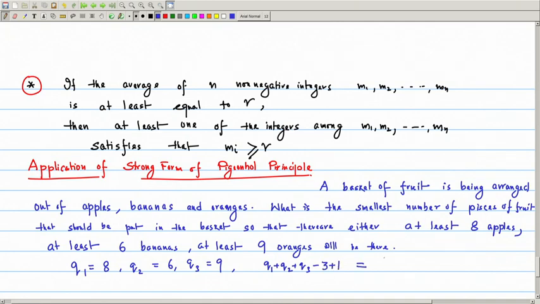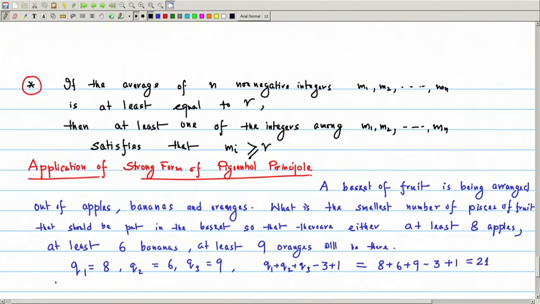This becomes 8 plus 6 plus 9 minus 3 plus 1, which is 23 minus 3 plus 1, equal to 21 fruits.